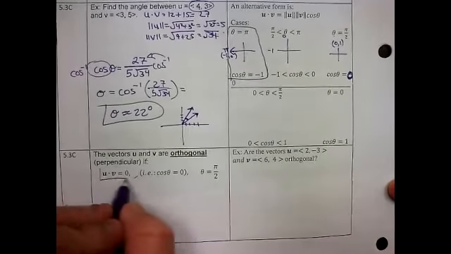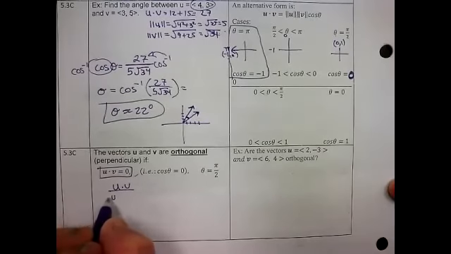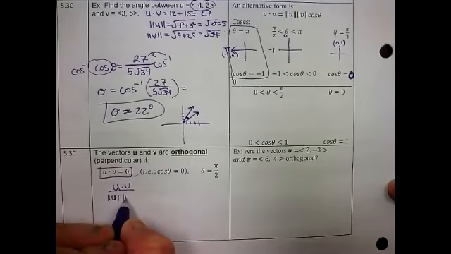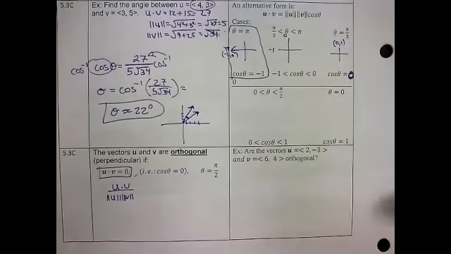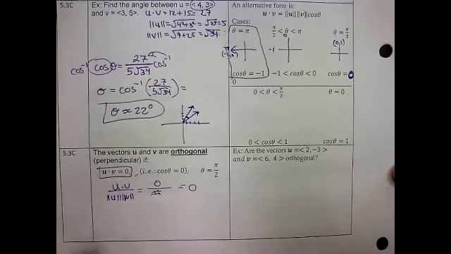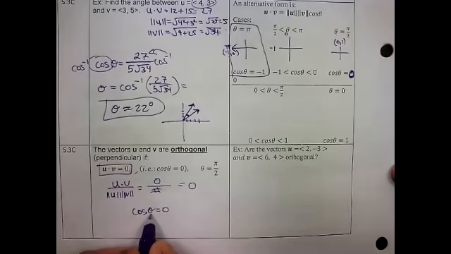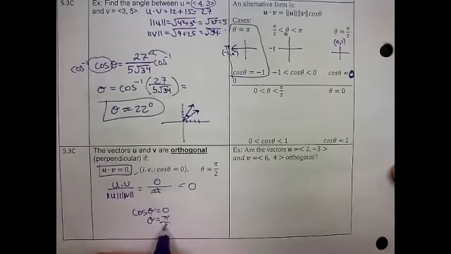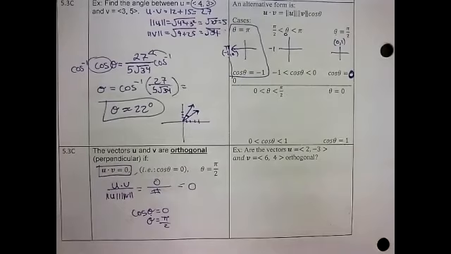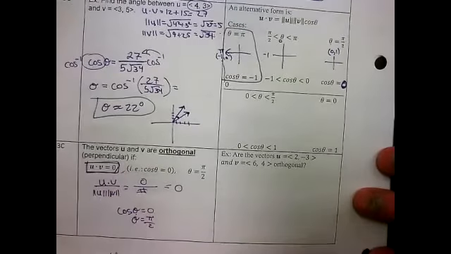So if u dot v is 0, then using our formula for theta, it's going to be 0 over some number, which is just 0. Cosine of theta equals 0 when theta is pi over 2, which is 90 degrees. So all we need to see is whether u dot v is 0. That's what we look for to find out if vectors are orthogonal.